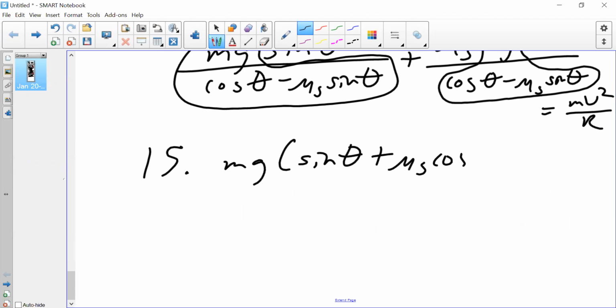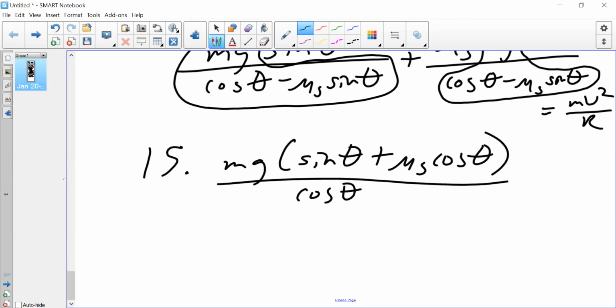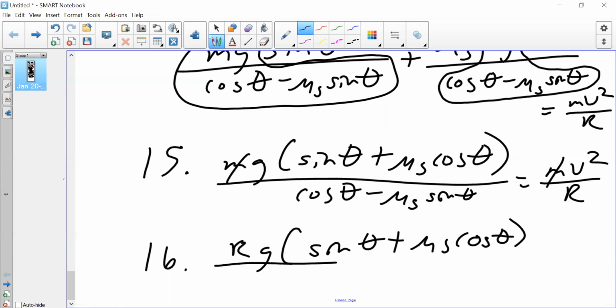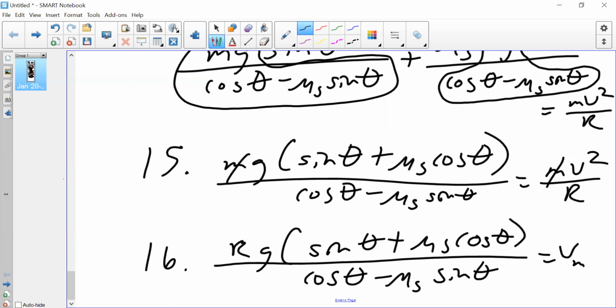Mu cosine theta, cosine theta minus sine theta. And again, those guys cancel out, and then we have rg. That's going to be the maximum, and there you go.